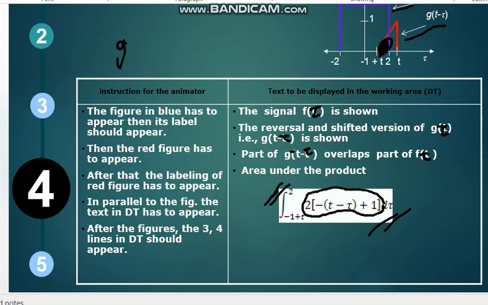First of all, if you find out g tau, what is g tau? Here g tau is mainly t minus tau, but it is minus t minus tau. But when it is multiplied with 2, because in the upper part the highest range was 2, it is 2 g tau, so it is minus 2 times t minus tau, and it has been added with the f tau.